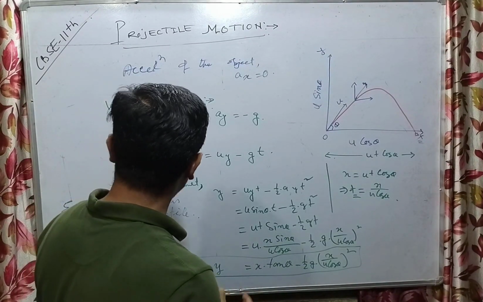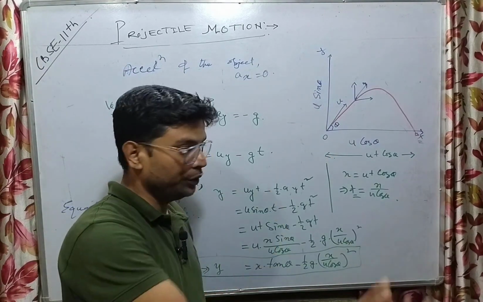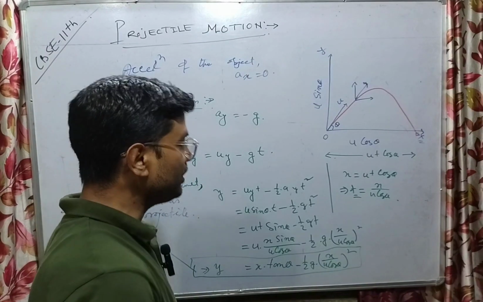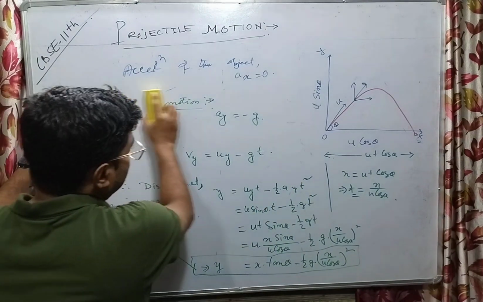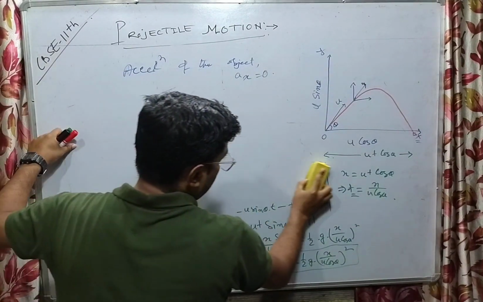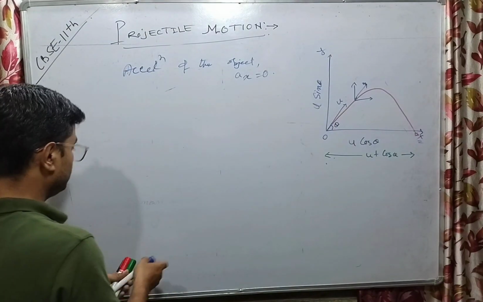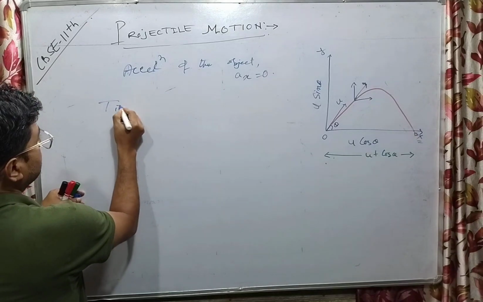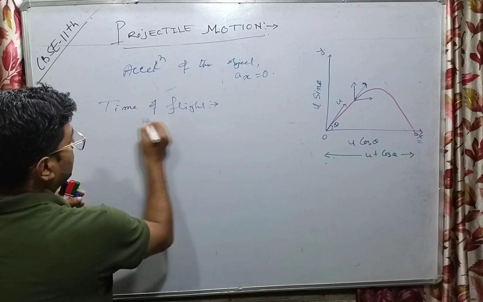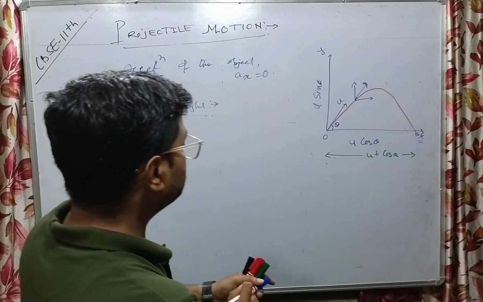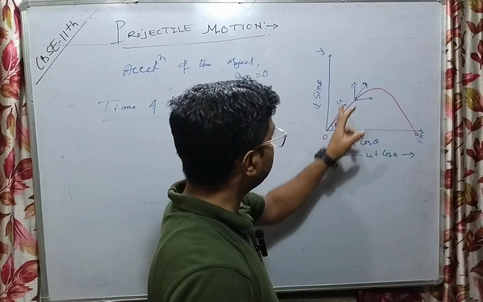We have already established the equation of projectile, horizontal motion and vertical motion. Now going into the third part, that is time of flight. We can calculate the time of flight. An object is projected at point O with velocity u.